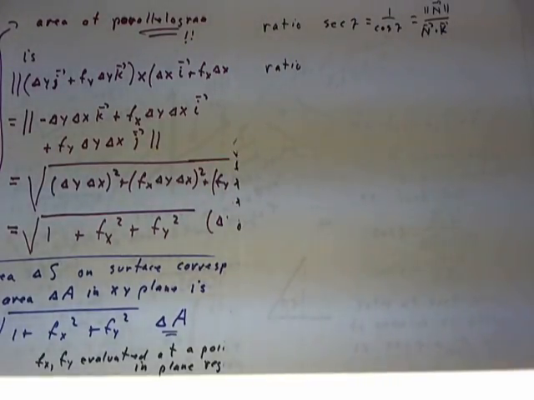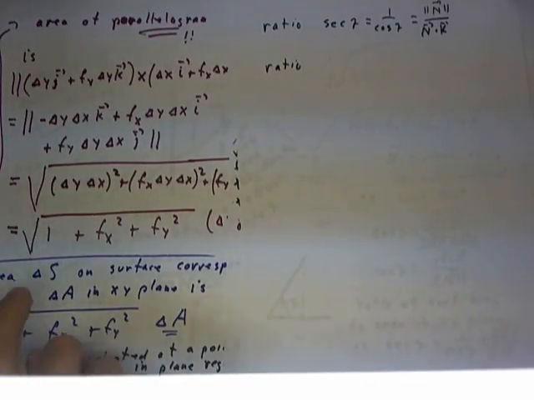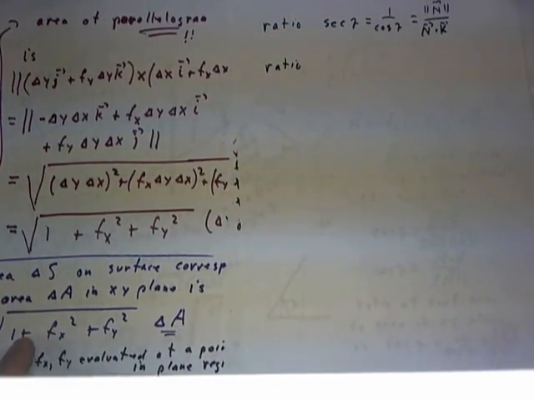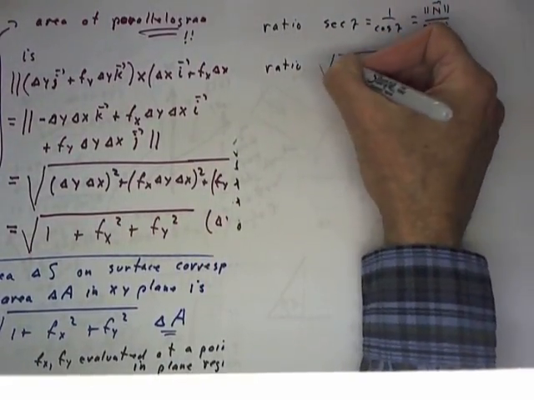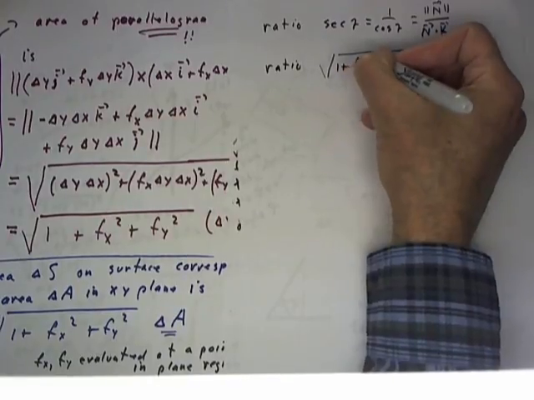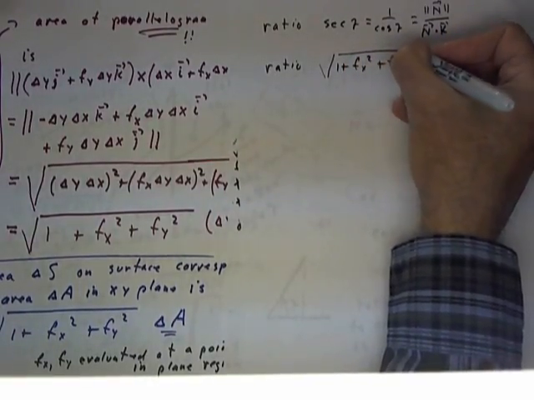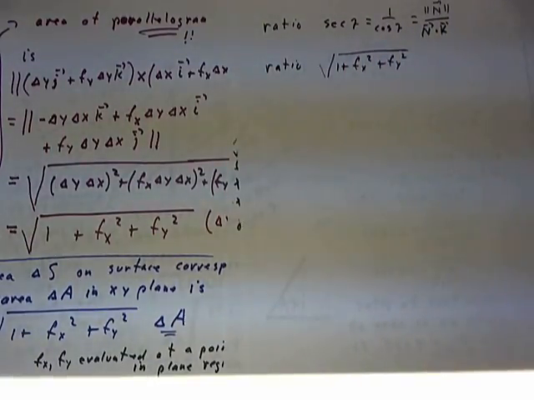The ratio is also equal to, well, the ratio of delta S to delta A is just this square root of 1 plus fx squared plus fy squared. Can we reconcile the two?